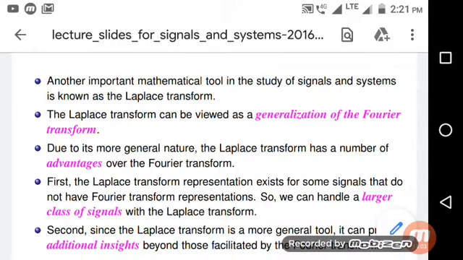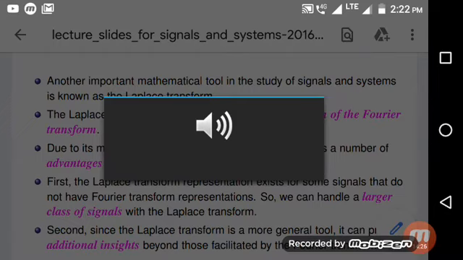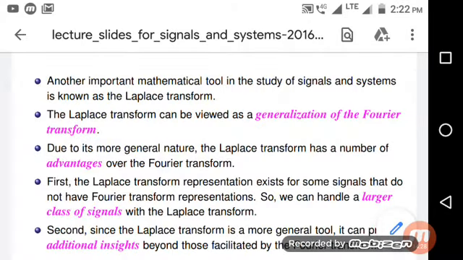And third point is, due to its more general nature, the Laplace transform has a number of advantages over the Fourier transform. That means in previous classes we discussed some signal behavior: up down conversion, low frequency, high frequency.